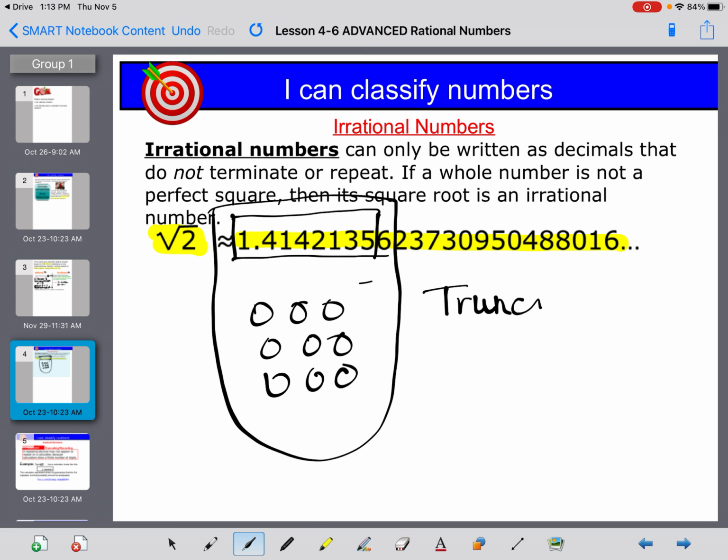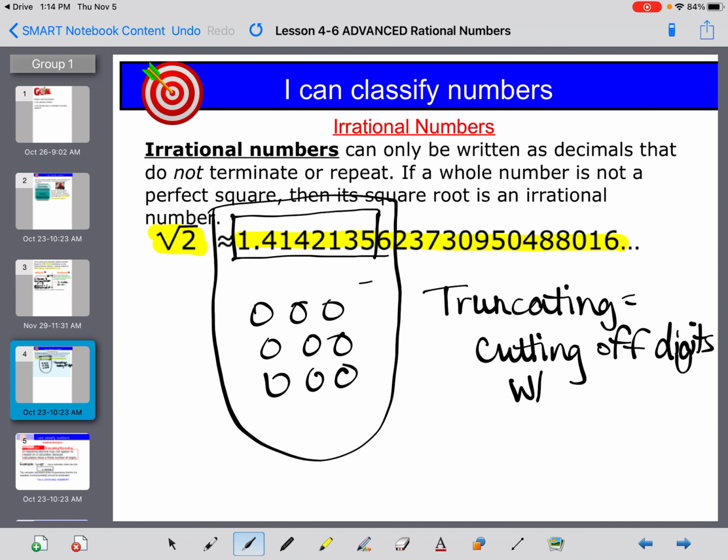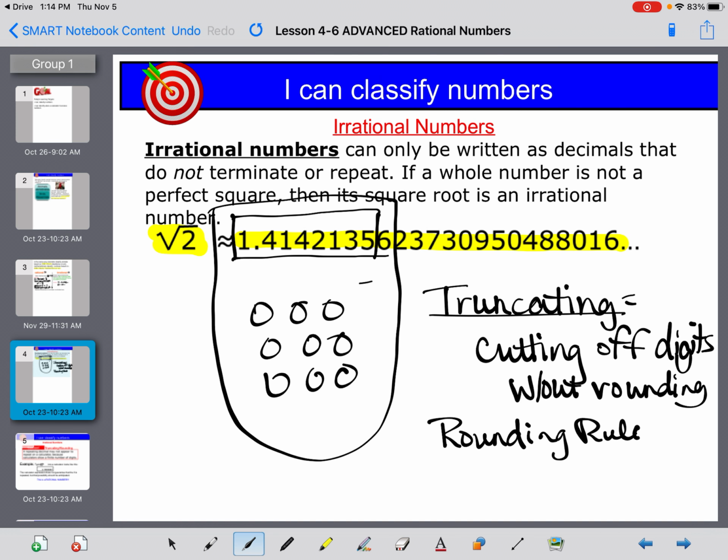So truncating, cutting off the numbers without rounding. And rounding is following rounding rules. These are the two ways that calculators handle irrational numbers.